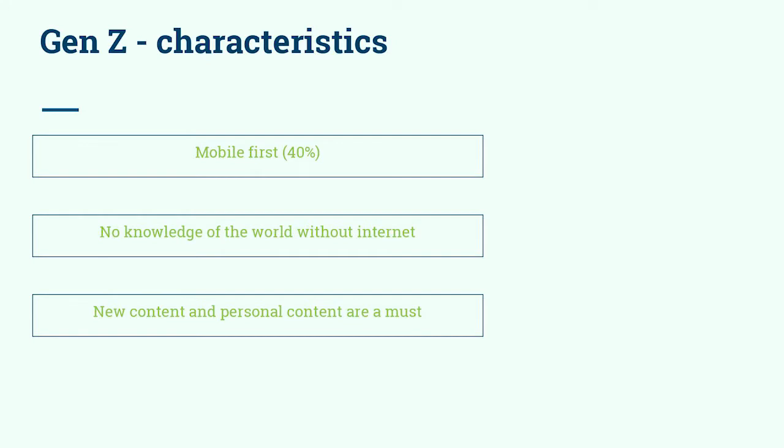These characteristics are quite accepted today in the industry. First of all, Gen Z is a mobile-first generation. What does that mean? That they identify their mobile device as the most important device they own. 40% of them. By the way, millennials, I believe, is 37% from the research this is based on. They have no knowledge of the world without internet.